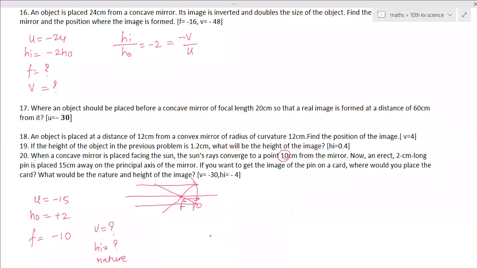Find out. Ma'am, V is minus 30. Yes, right. Ma'am, and the height of image is minus 4. Yes, right.